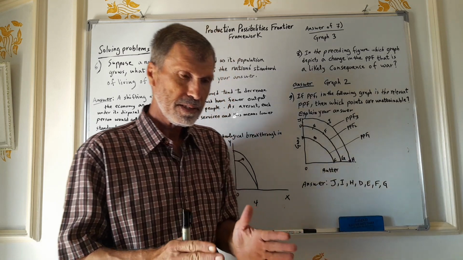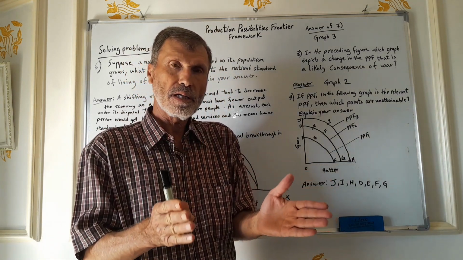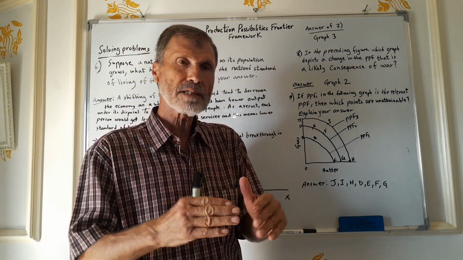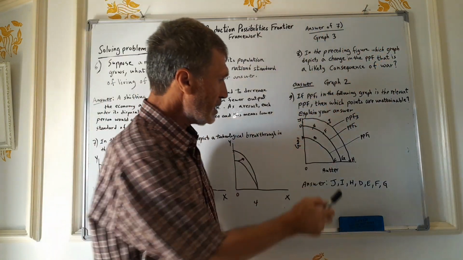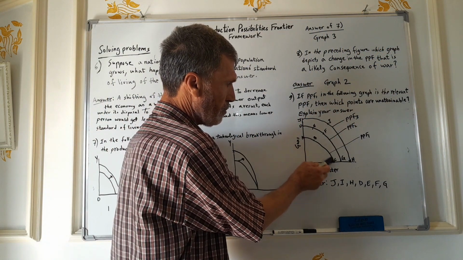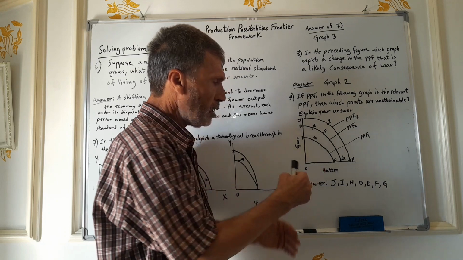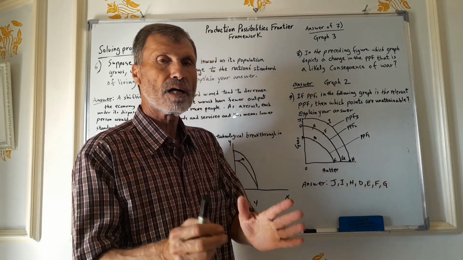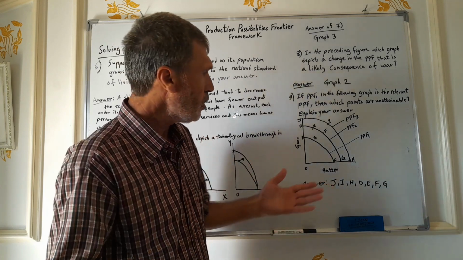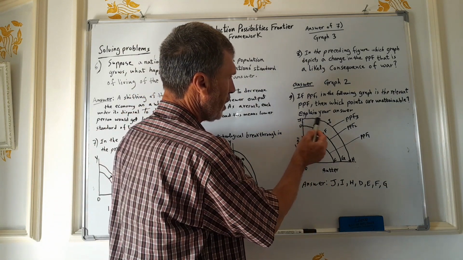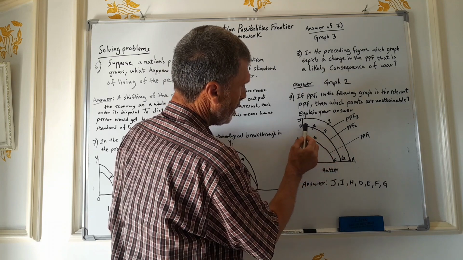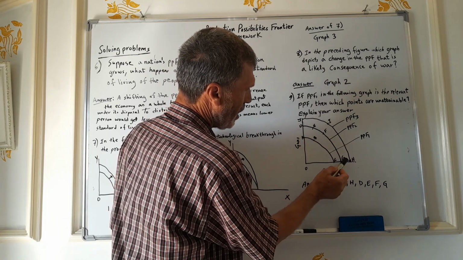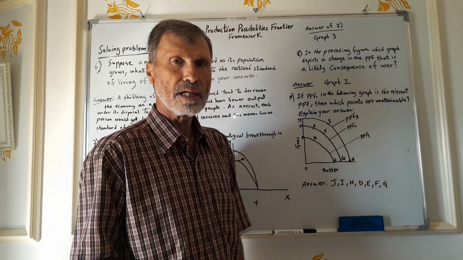You remember, unattainable combinations are the ones that are beyond the PPF. If this is the PPF we are talking about, then all the combinations that are beyond this PPF are considered unattainable. So here we're talking about J, I, H, D, E, F, and G are unattainable.